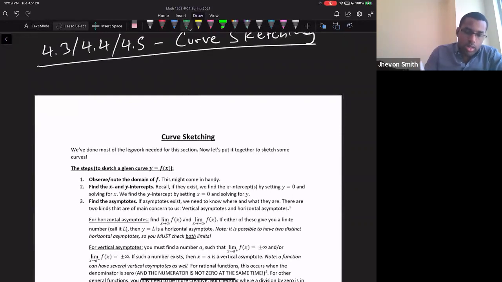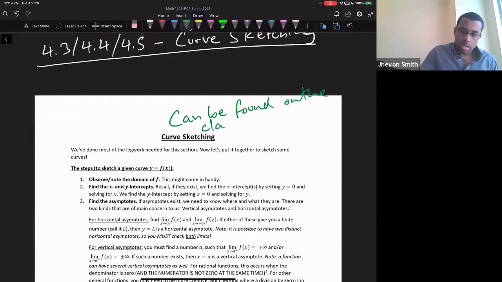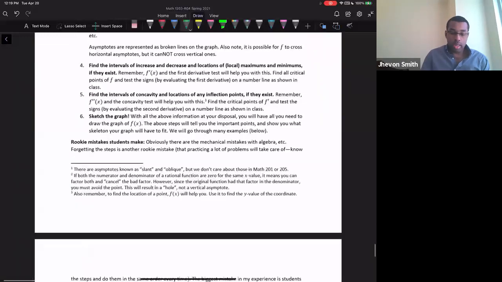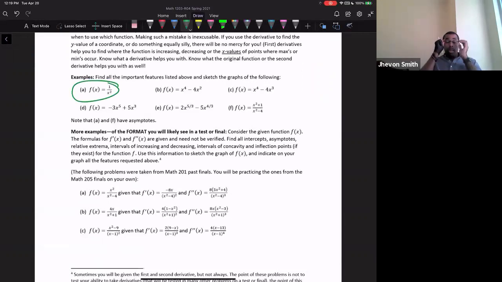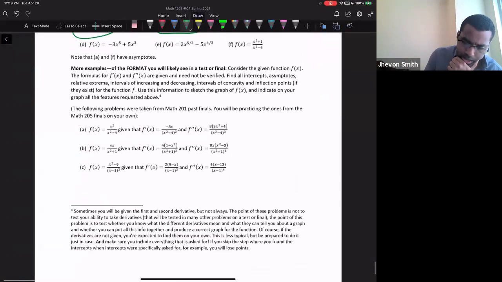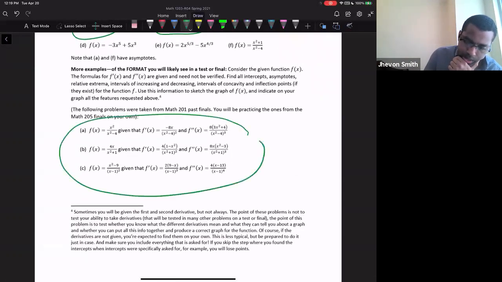I'd recommend you read it and maybe try the first example. We're going to do that. Of course, that's an example that you know how to graph already by heart, but I want you to go through the process of doing it that way. We'll probably also do this. I think we graphed C already. And then you can try these.